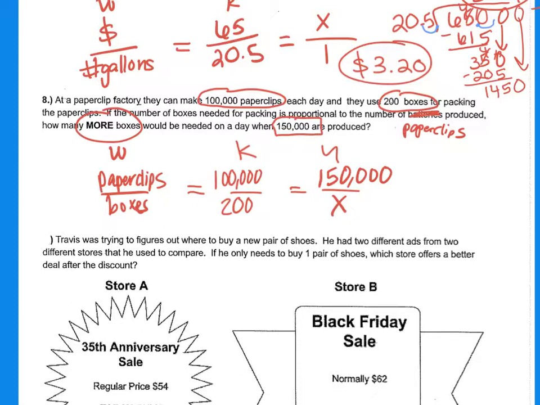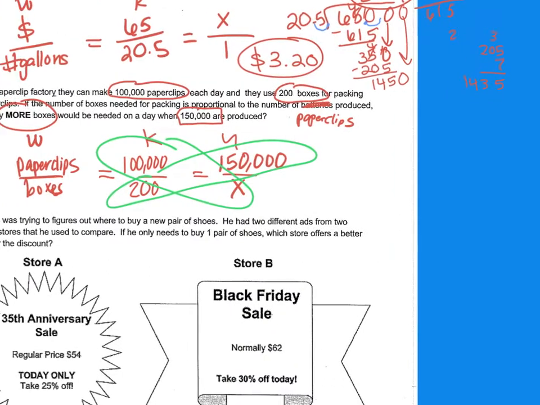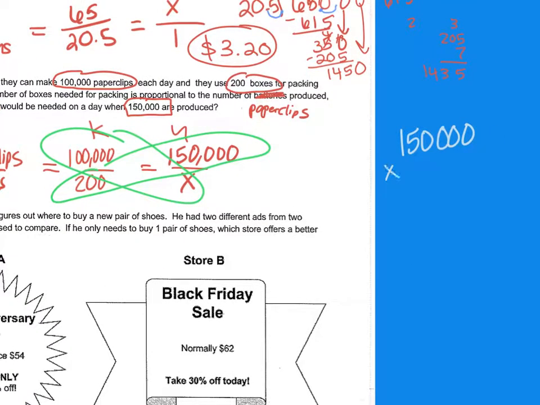So I set up and I got 300. So we'll cross multiply and divide. I know these are gigantic numbers, but we'll try to make it easier on ourselves. So 150,000, we're multiplying by 200.